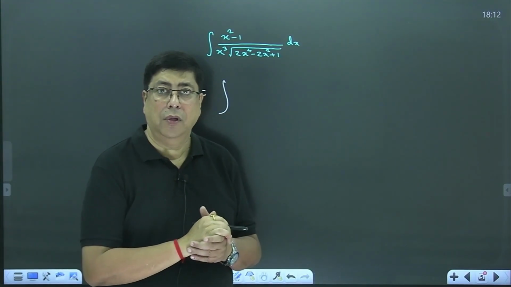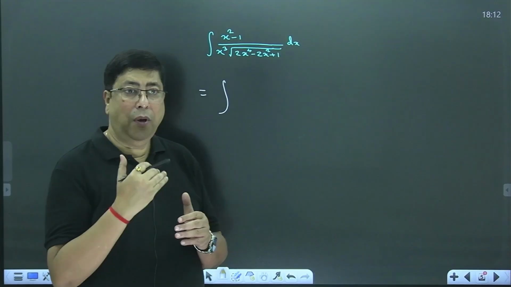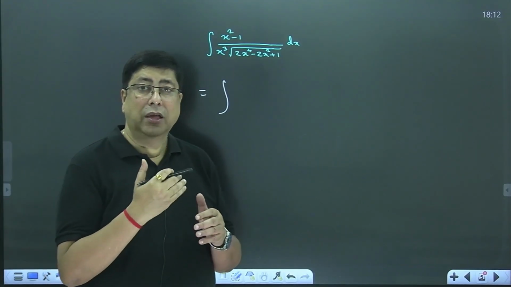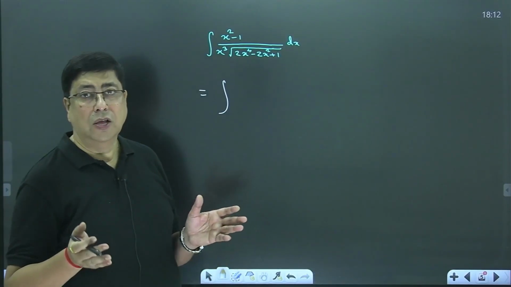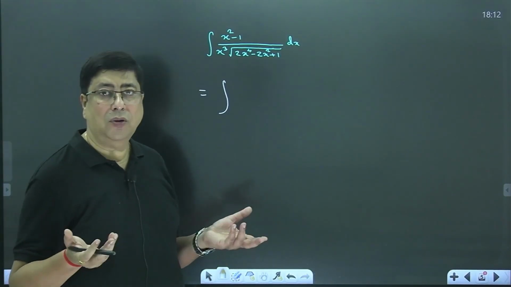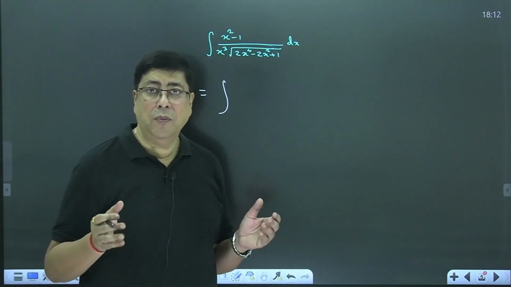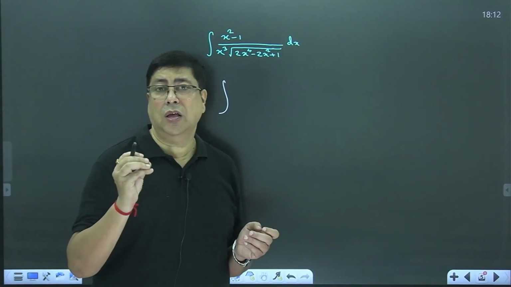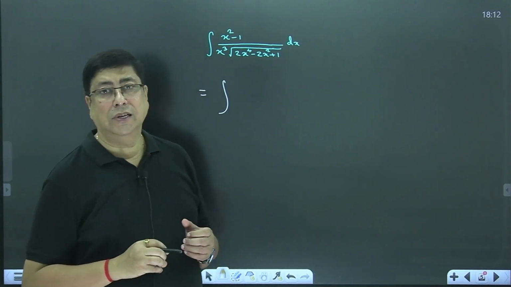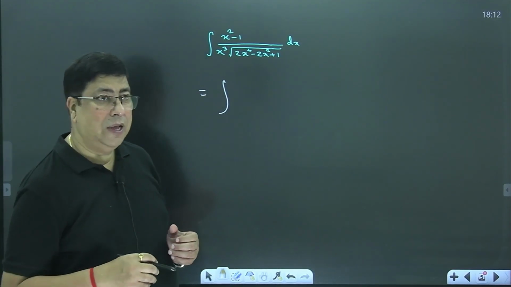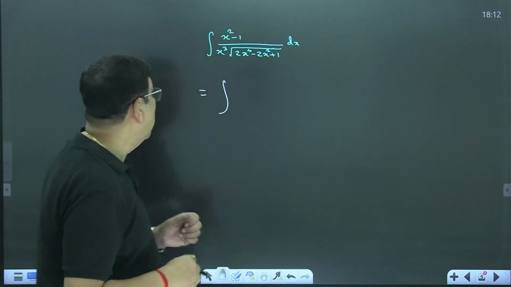This type of sum, not exactly this sum, is Euler substitution. Nowadays Euler substitution is not going on, but there are some sums we can solve by Euler substitution which come in the JEE Advanced examination. So I'll make videos on this.